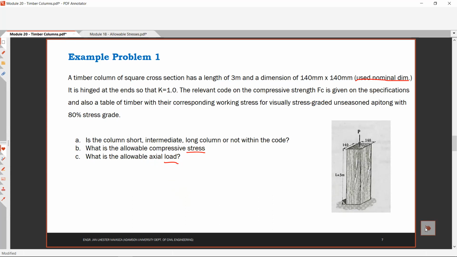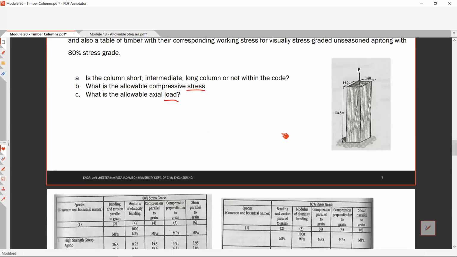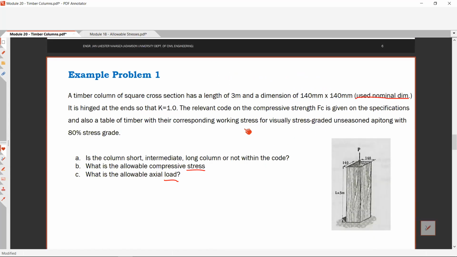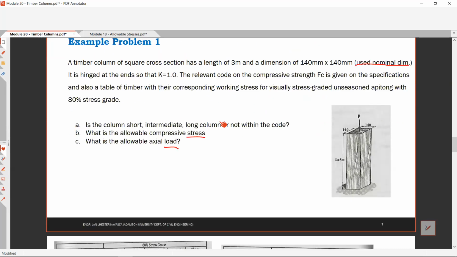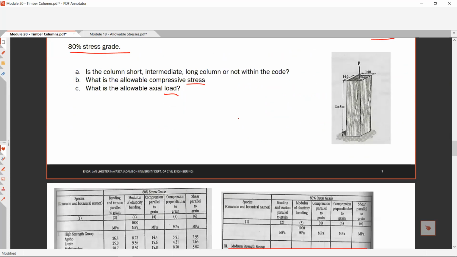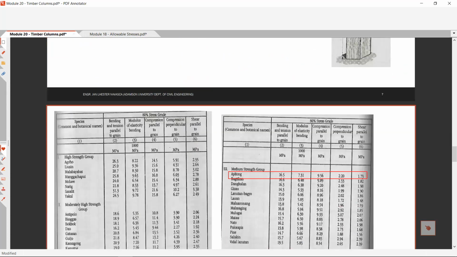Okay, let's try. Before we start, we don't have a given capacity or modulus of elasticity E yet, so we will look at the table. It says here the wood is apitong, 80% stress grade.